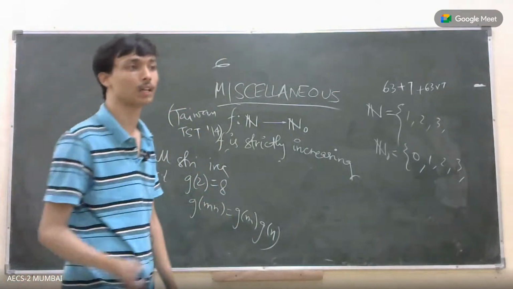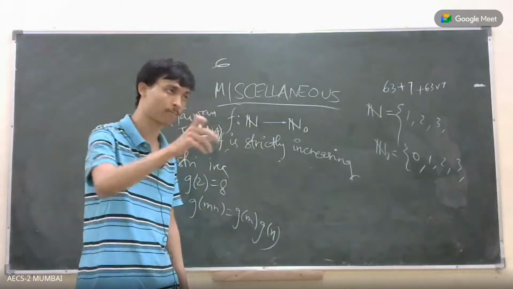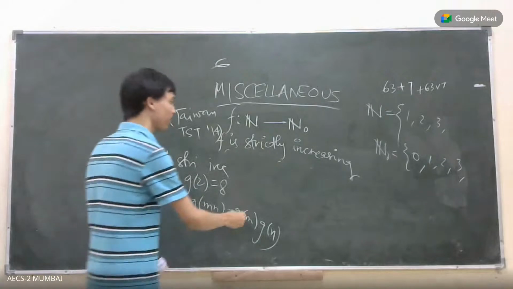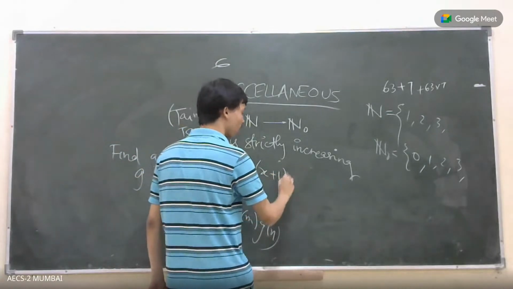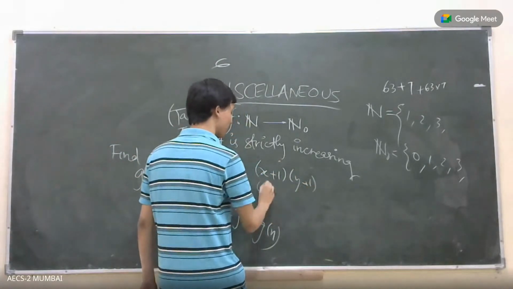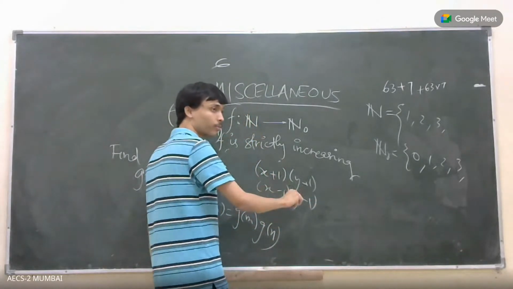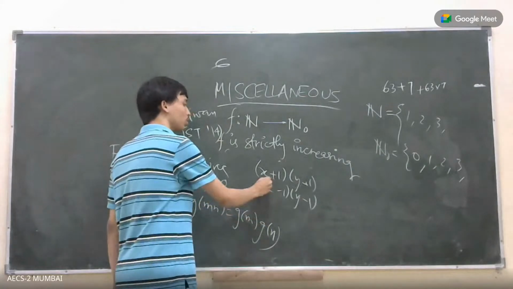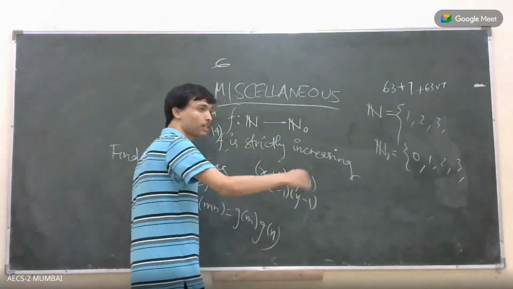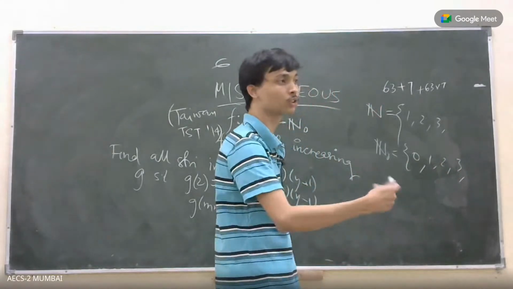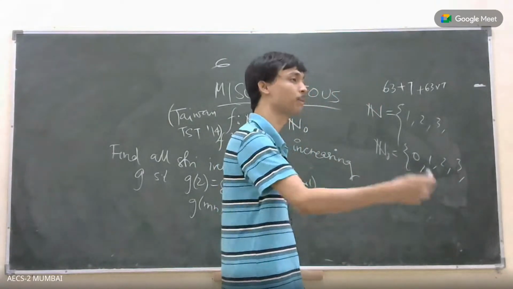Because you see what the original equation was: f of m plus f of n plus f of m into f of n. When you have things like x plus 1 into y plus 1 or x minus 1 into y minus 1, you get an xy term. So why did we choose f equal to g minus 1 and not g plus 1?